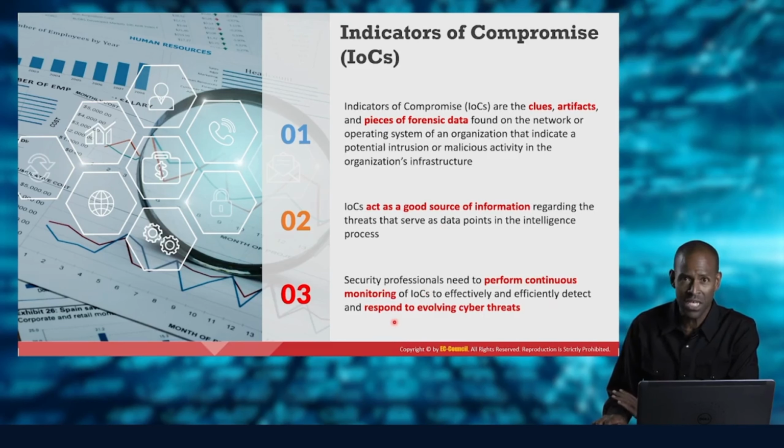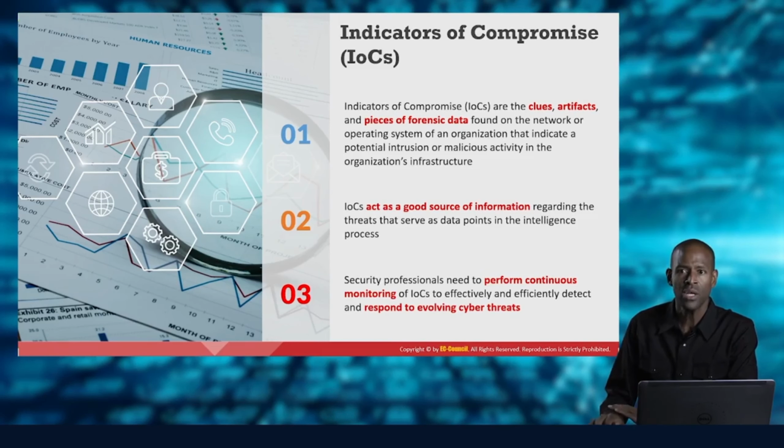IoCs are also extremely useful in the response to a threat, because I can take the IoCs and distill them in a way that can help with the forensic process that we see over here. And then I can use them to stop future, evolving threats. So IoCs, indicators of compromise, are clues, artifacts, forensic data that show that a system is compromised and how it's been compromised.